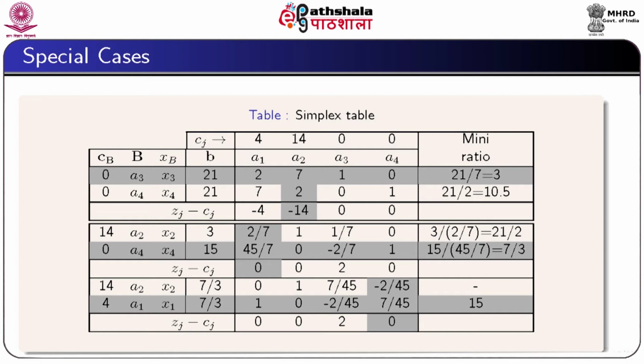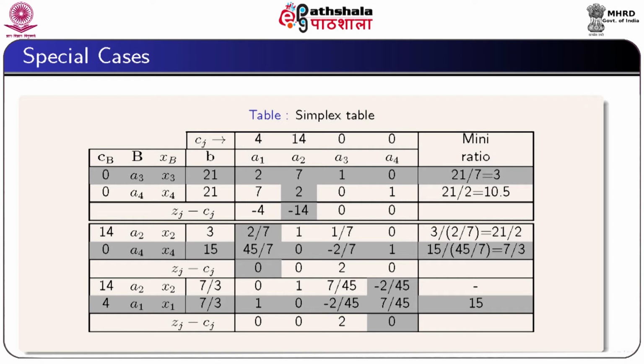So, A2 is the entering vector and it has two positive components. So, from the minimum ratio we decide A3 as the departing vector.